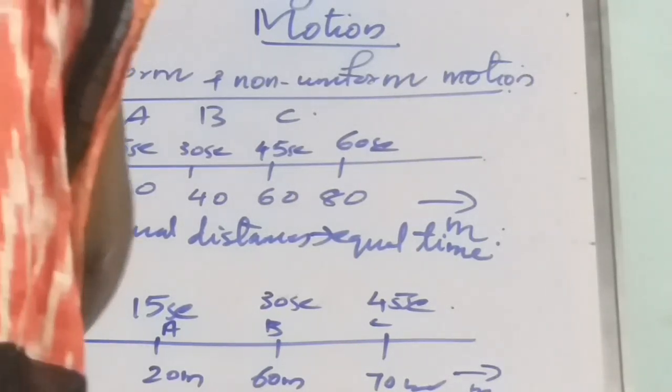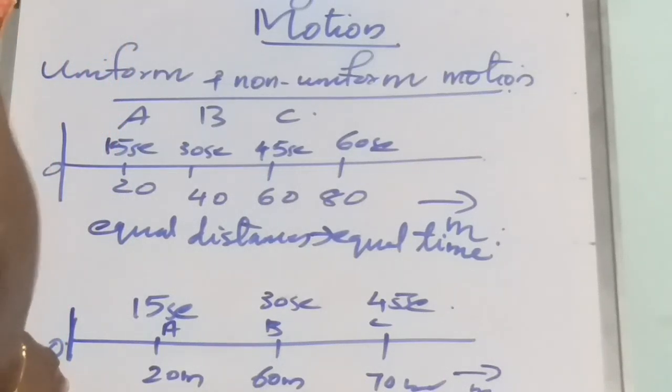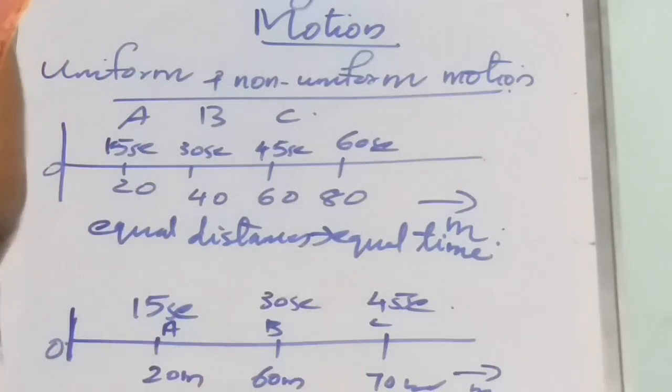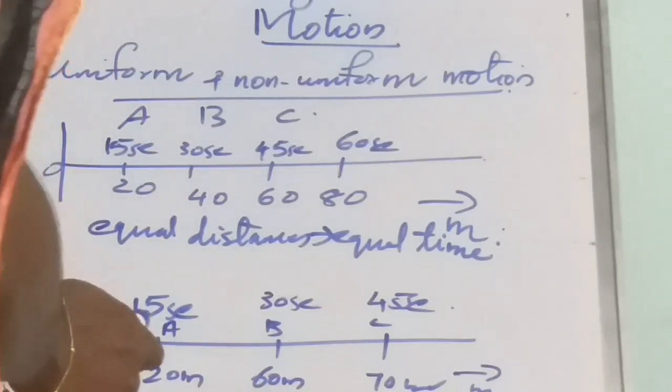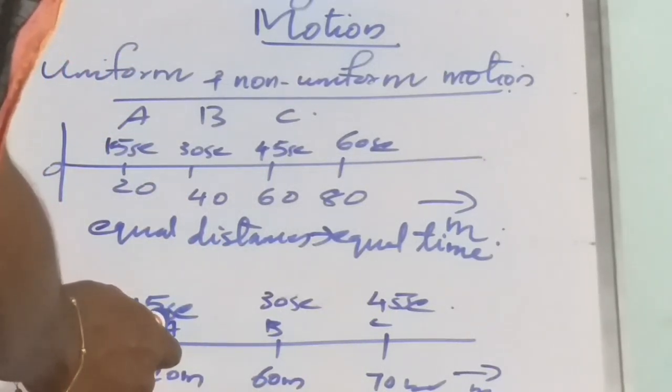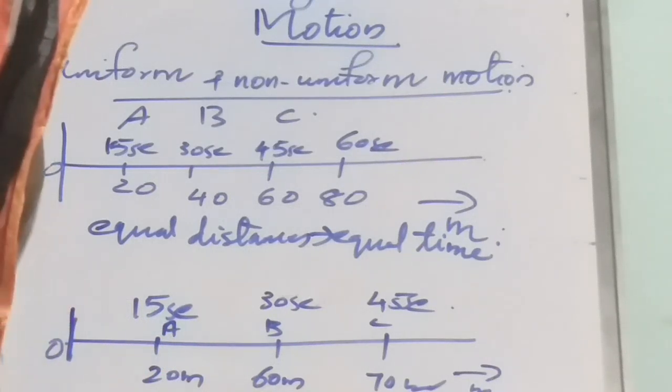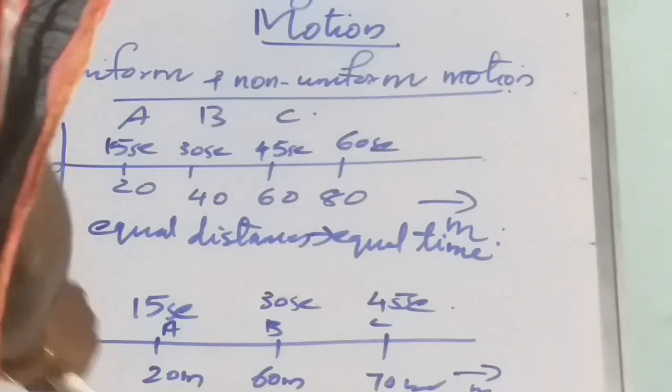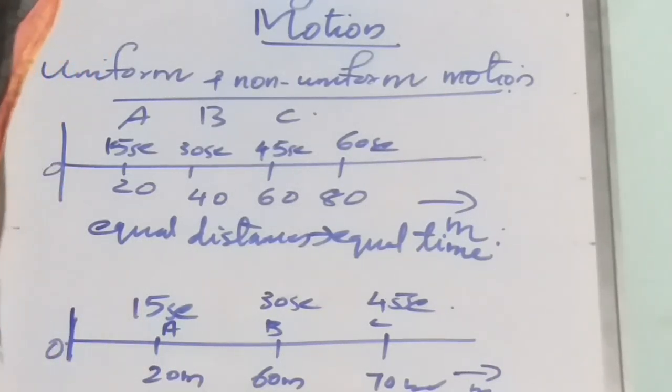Next, consider another example, in which a car is moving on a busy road. It reaches A after covering a distance of 20 meters from the origin in 15 seconds.